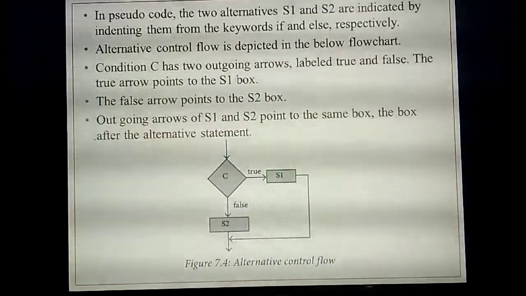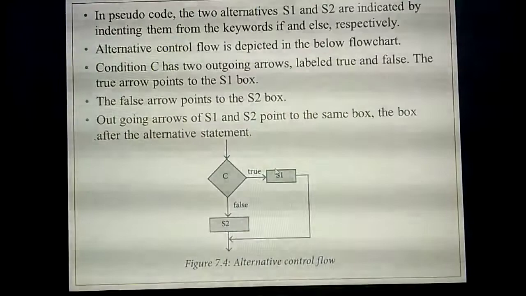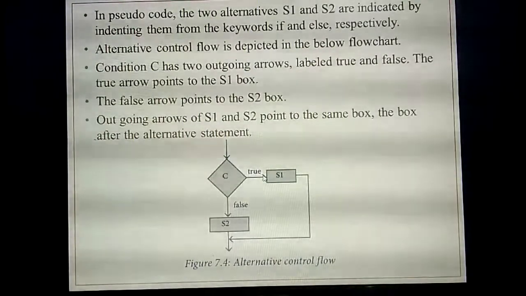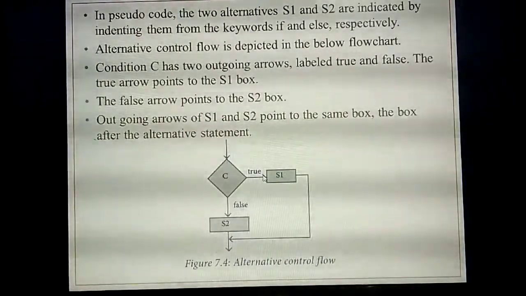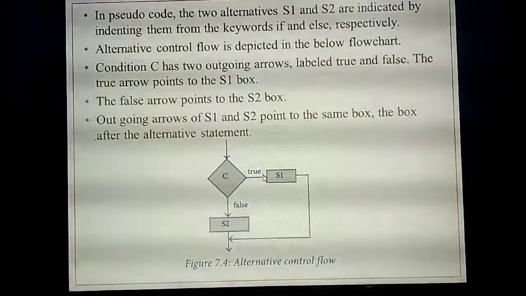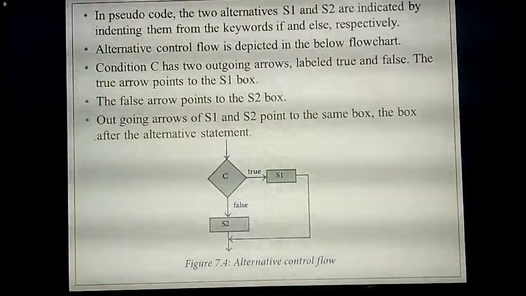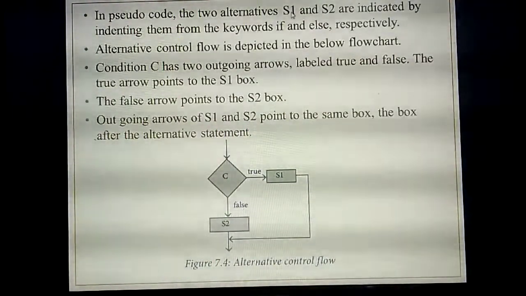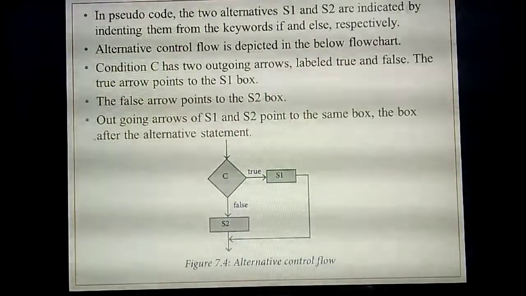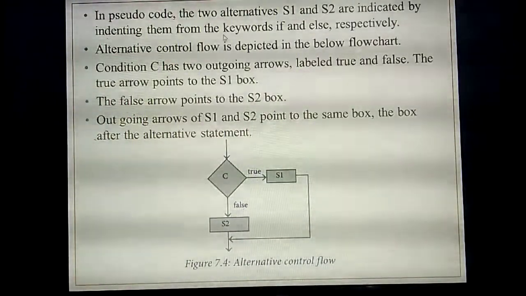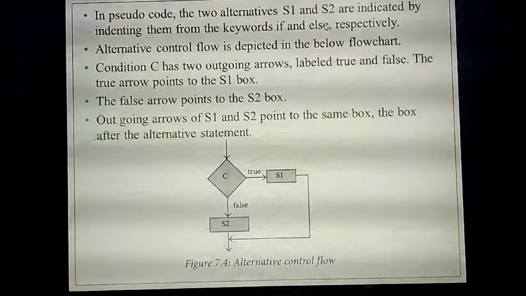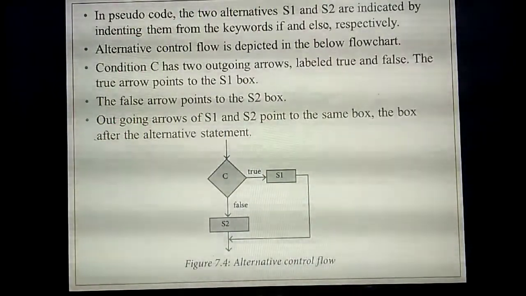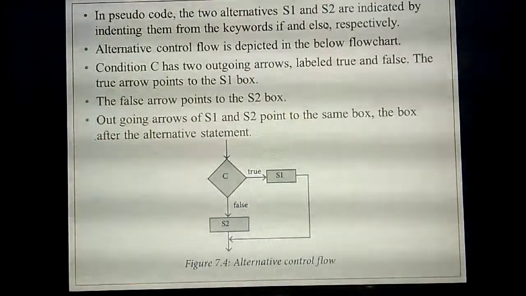So here you are going to draw a flowchart for the alternative statement. Here you use two keywords. What are the keywords you are using? If and else. How many statements are there? Two, S1 and S2. The keywords if and else represent true or false.